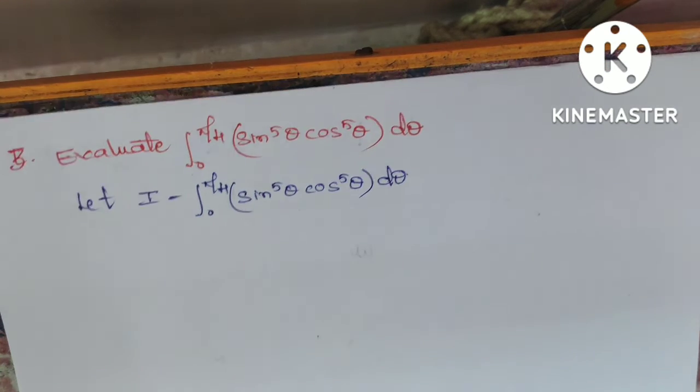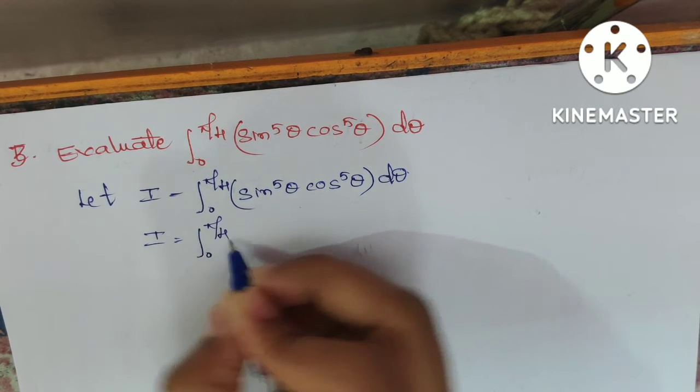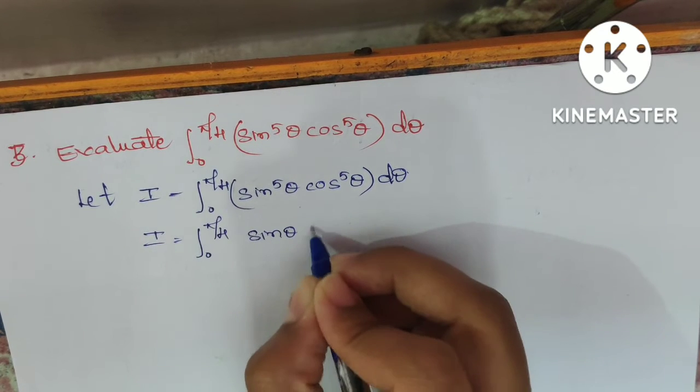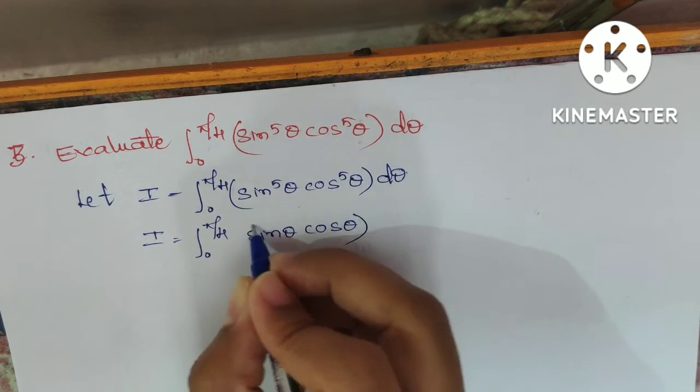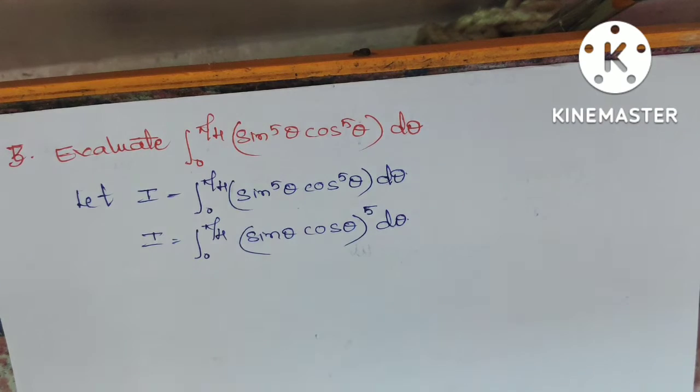So in the next step, I write I equals 0 to pi by 4 sine theta cos theta to the power 5 into d theta.